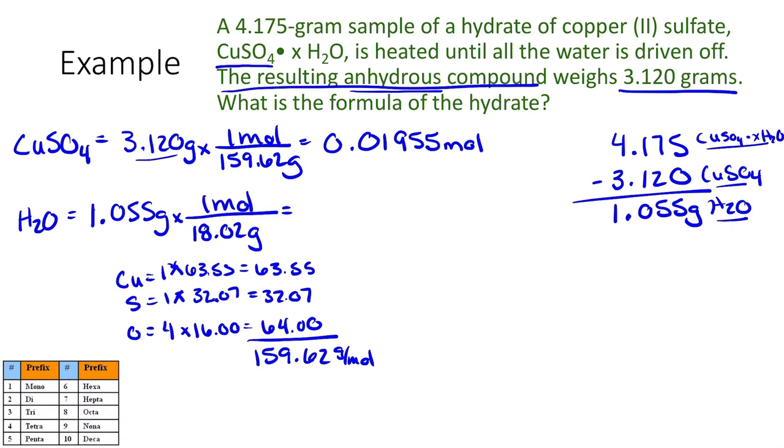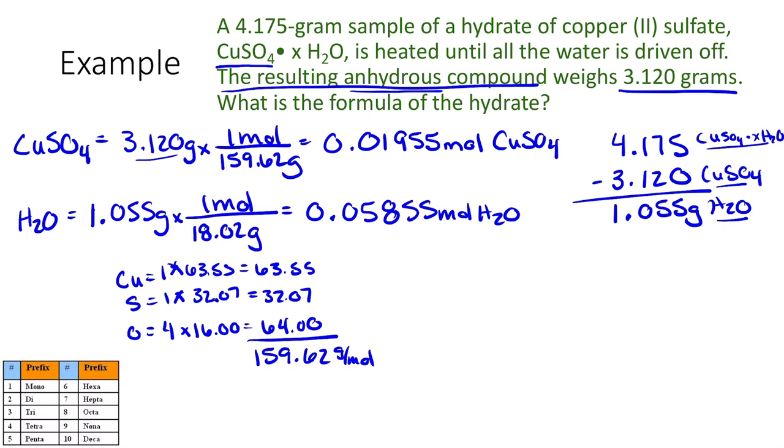And then for water, I have 1.055 divided by 18.02. And that tells me I have 0.058, again I need 4 significant digits, 55 moles of H2O. And this is copper 2 sulfate. All right, so now I know exactly how many moles of each one I have.